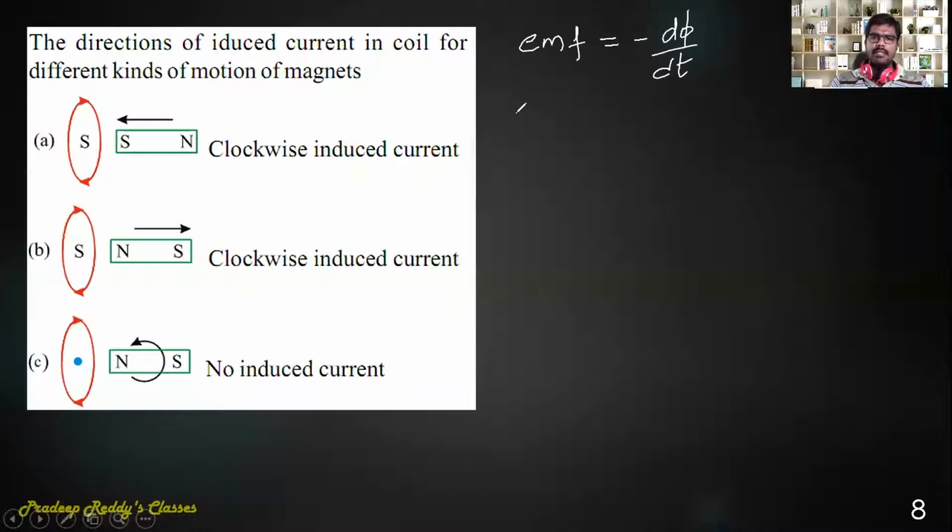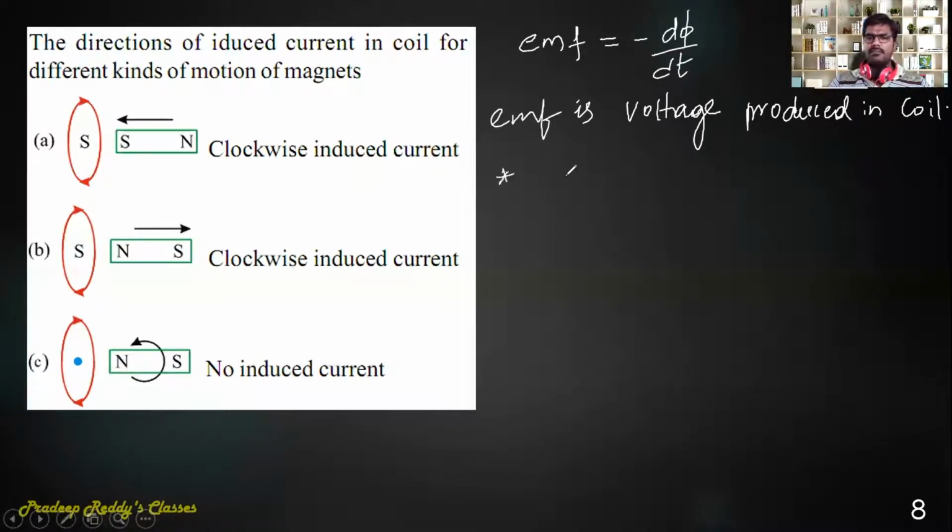And as you know, EMF is voltage in the coil, right? So whenever there is voltage, V is equal to IR. So there will be some current produced over there. I is equal to V divided by R, right?